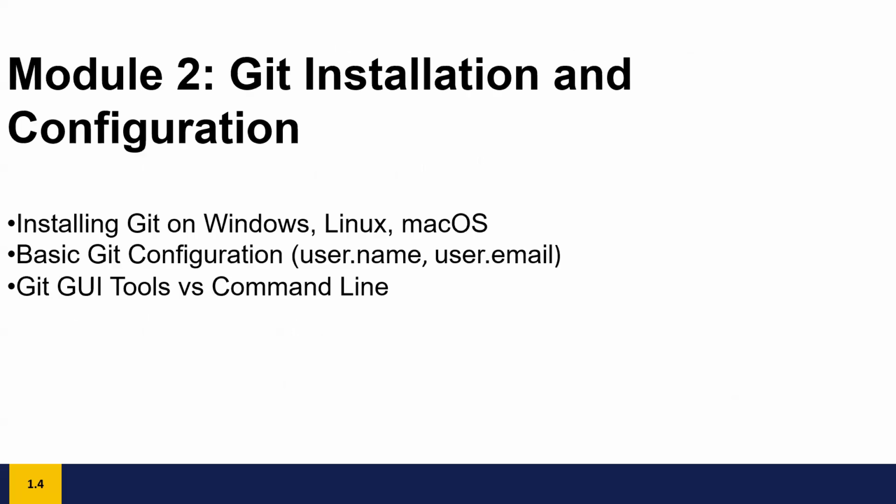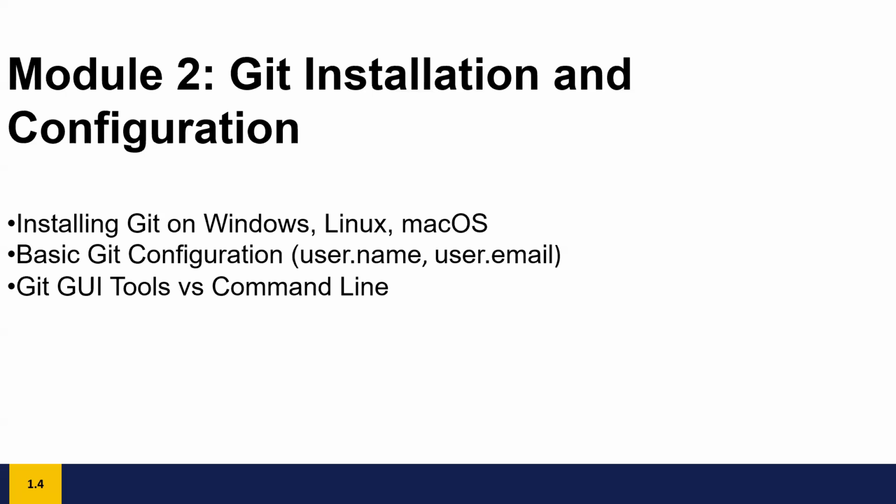Module two will discuss Git installation, configuration and environment setup, that is, how to install Git on your local machine and how to register and set up the account for GitHub. We will show you installing on Windows, Linux, Mac, basic Git configuration, user and email, and how to set up Git GUI tools and command line tools.